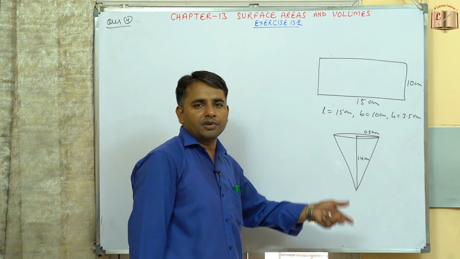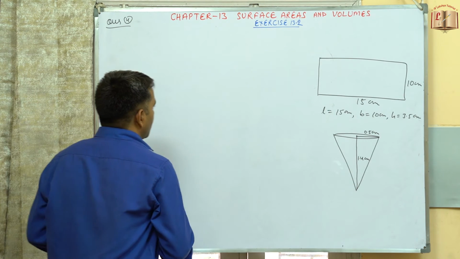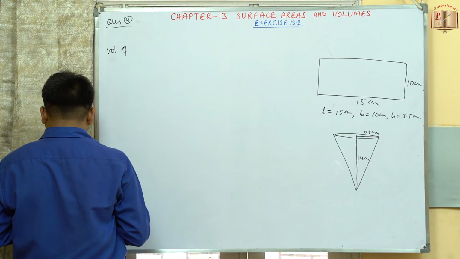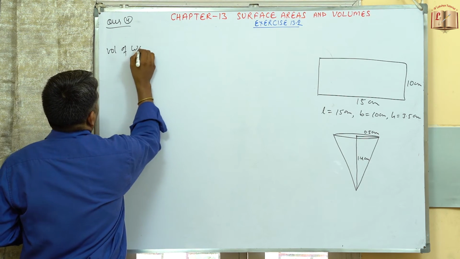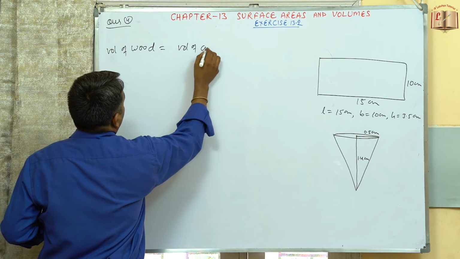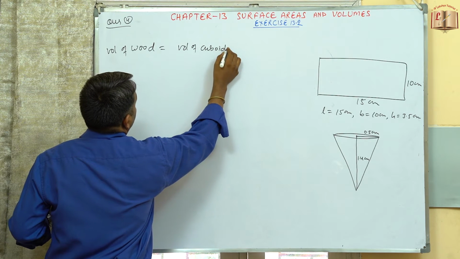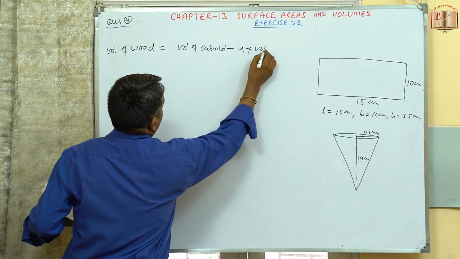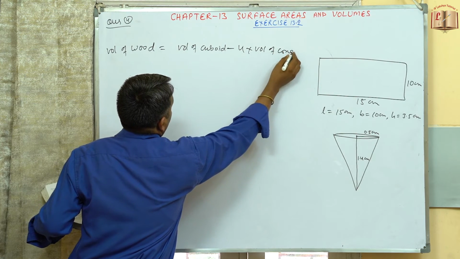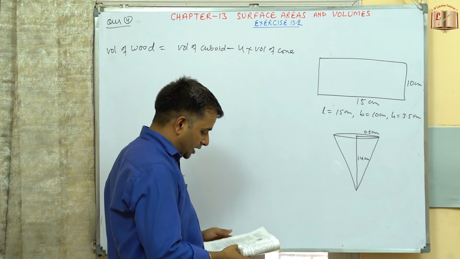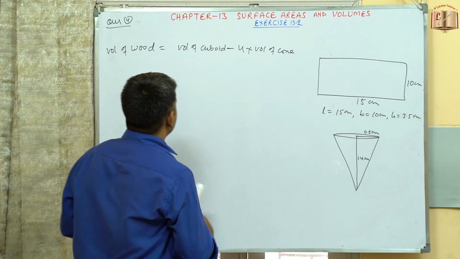उसका वॉल्यूम क्या होगा, अभी सब्ट्रैक्ट होगा टोटल क्यूबॉइडल के वॉल्यूम से. So volume of wood will be equals to volume of cuboid minus 4 into volume of cone. So volume of one cone into 4, because there are the 4 depressions given to us.